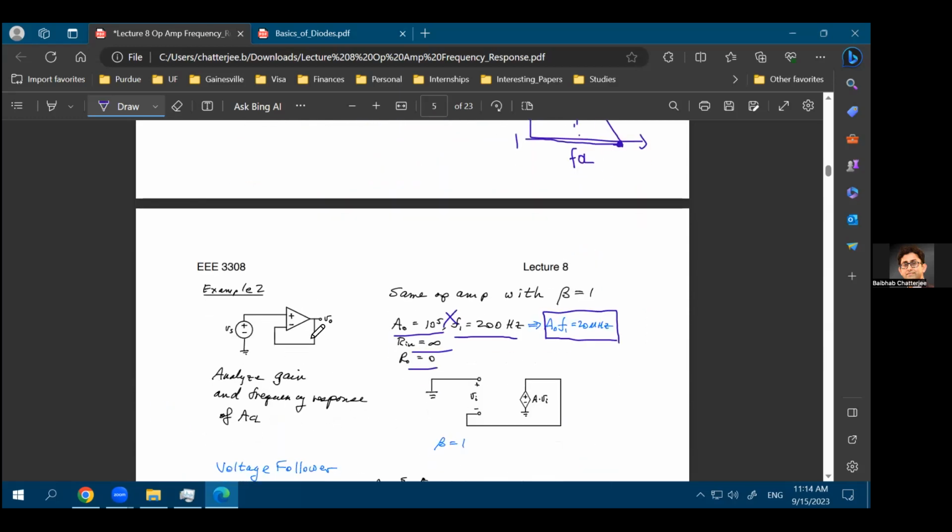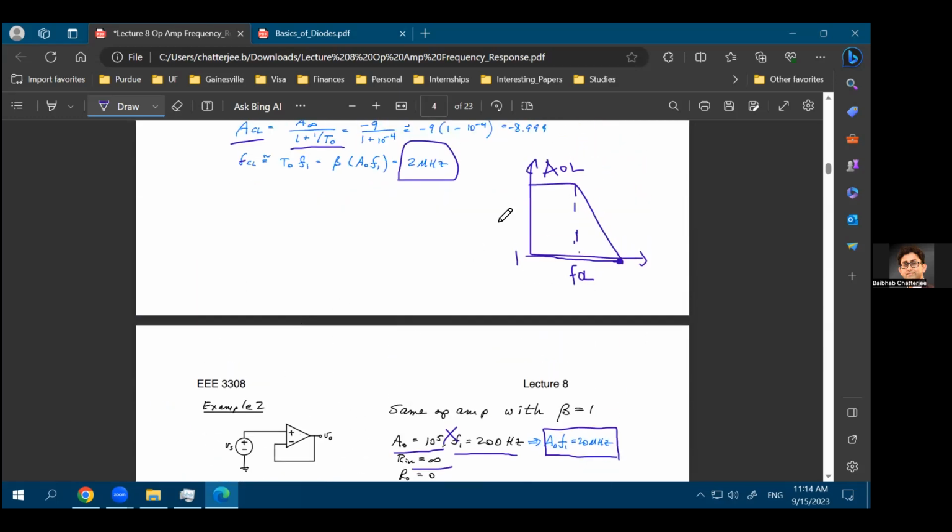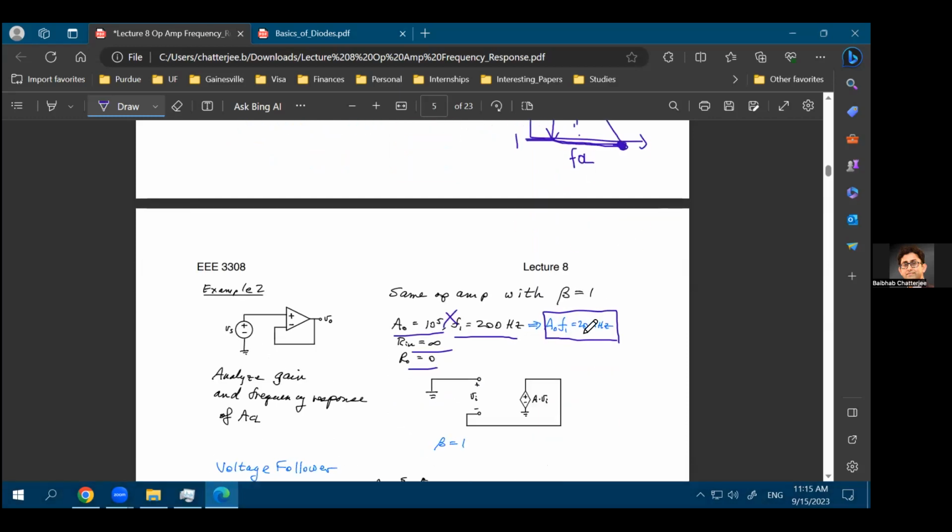In the case of the unity gain feedback, we are saying the gain becomes 1. So from A open loop, you are reducing all the way to 1. So you are reducing to exactly this line. So what is my bandwidth along this line? The bandwidth is the full gain bandwidth product. So bandwidth is this point, right? So your closed loop bandwidth, in this case, will be equal to 20 megahertz.